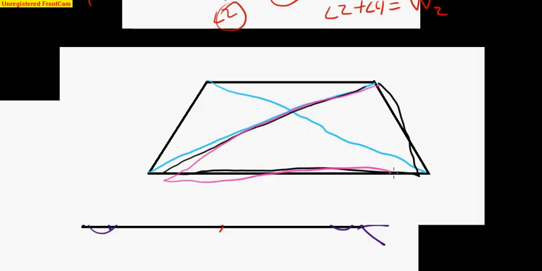This triangle has this angle, right? This is going to be difficult. Let's take a look at this other triangle as well. We're going to need to do it at the same time. I was trying to separate it, but it doesn't work that way. So you have this blue triangle and this purple triangle.